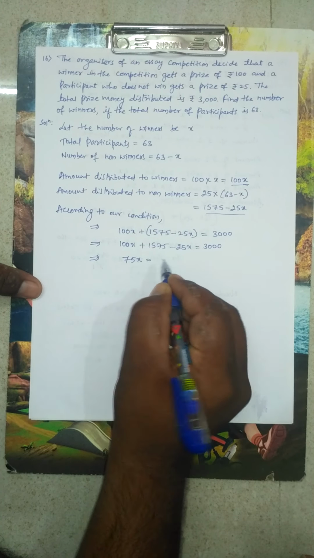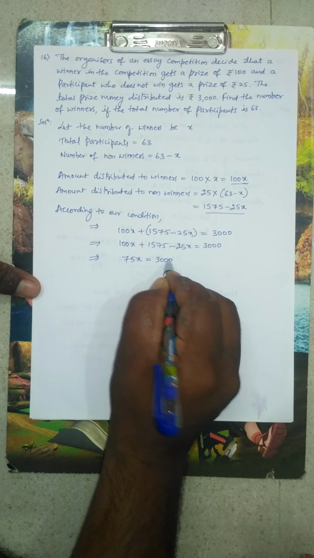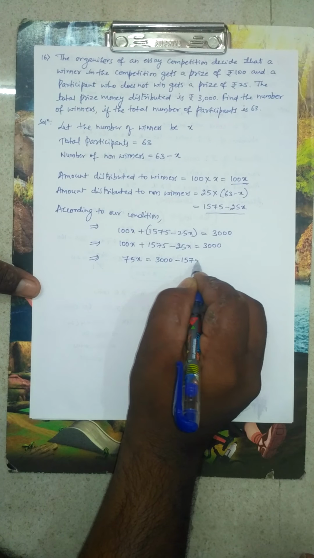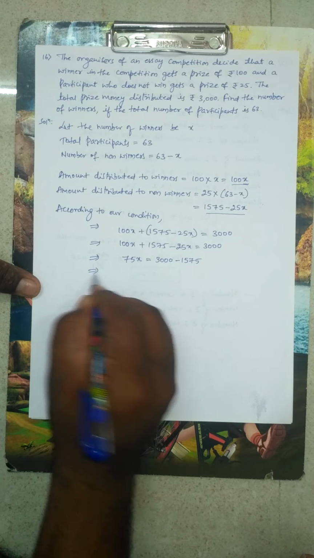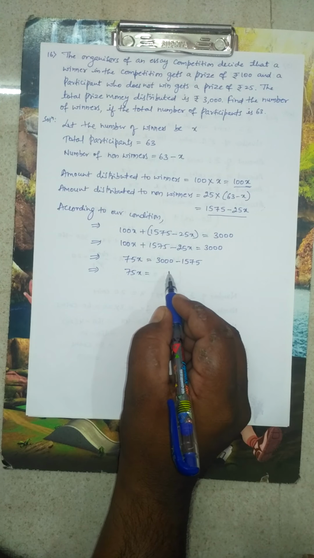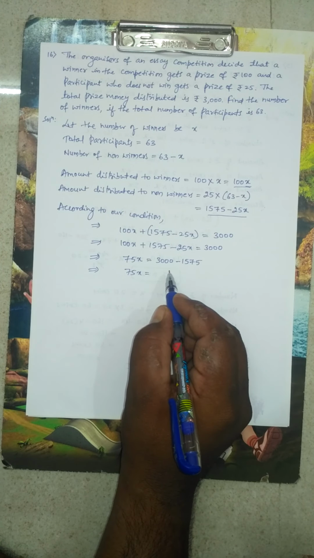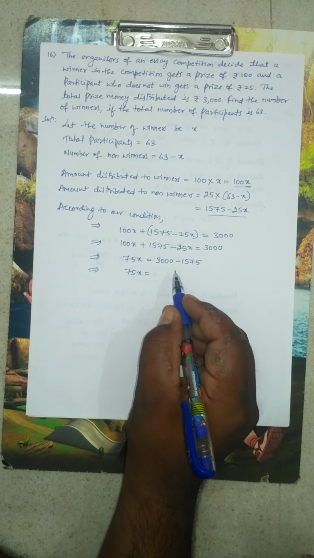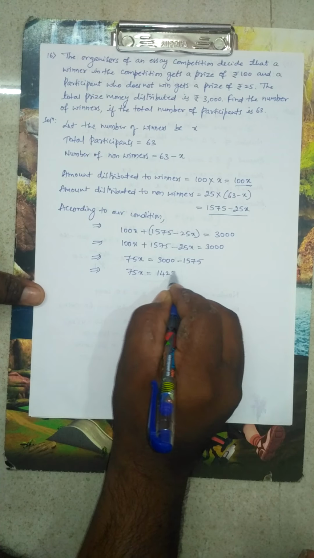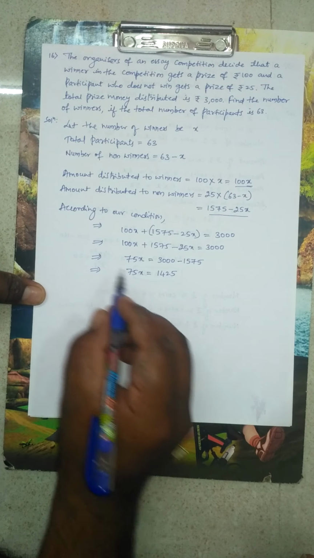So this is equal to 3000, I am going to write as it is in the RHS, minus 1575. So which implies 75x is equal to, in this 3000, if you subtract 1575, we are going to get 1425.